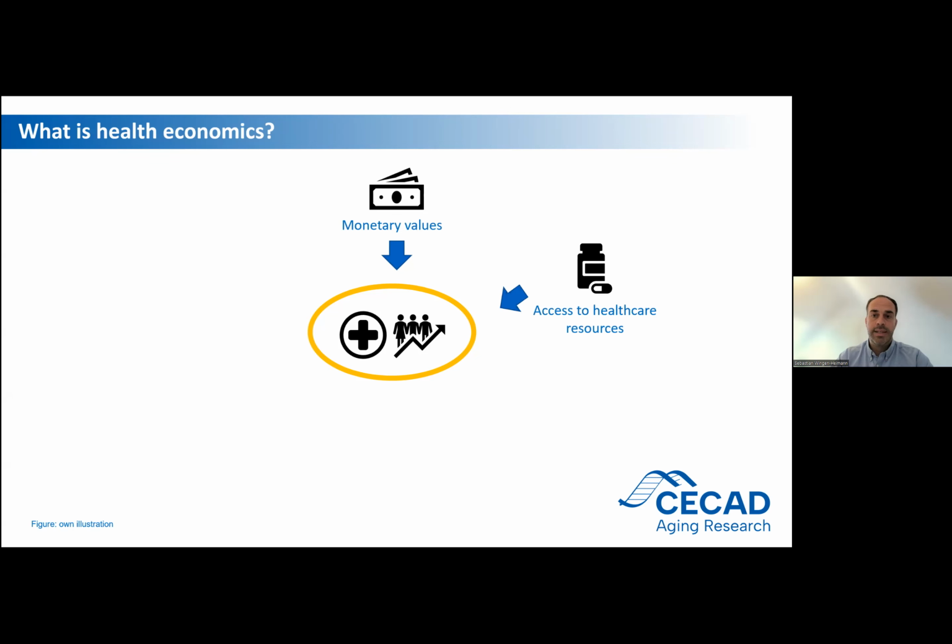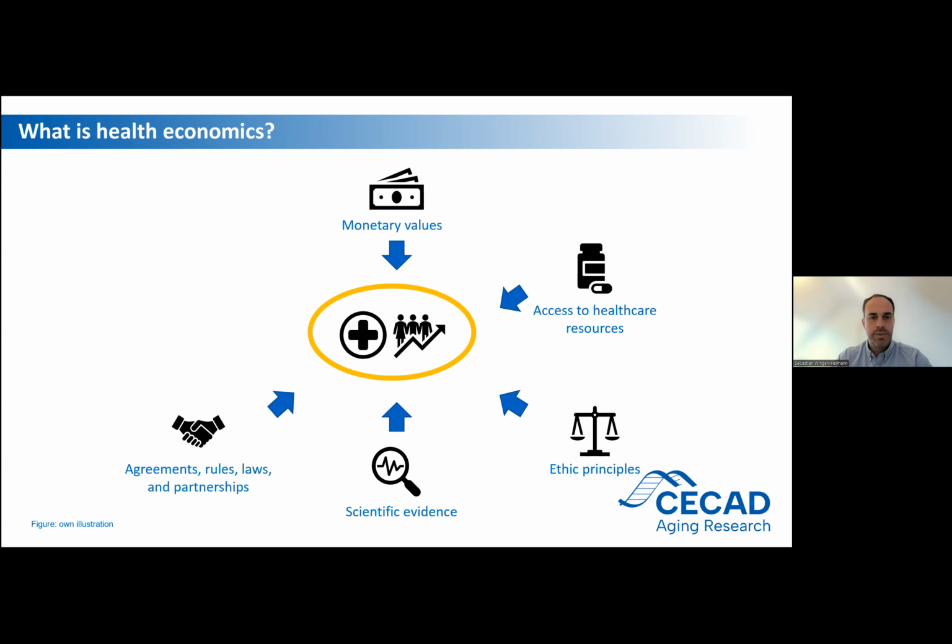Also, the access to healthcare resources, which might be different between some countries. Also, ethical principles, the scientific evidence, agreements, rules, laws, and/or partnerships. And in the best case, we also see a sustainability of healthcare decisions for increasing the healthcare condition.